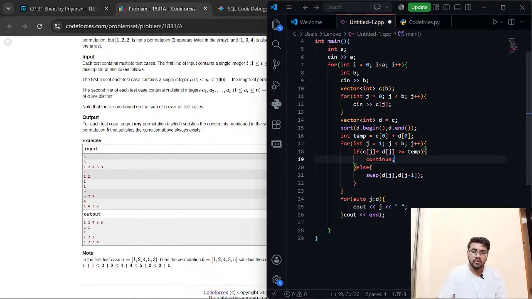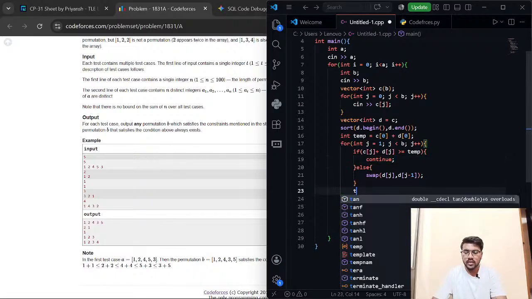What we have to do is add here, I guess.